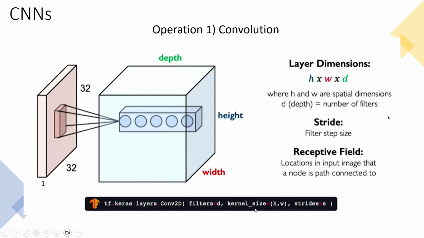Then we define the kernel size, which is the kernel we use for the convolution operation. This convolution operation carries this one-dimensional layer into this d dimension. Let's say we have 32 layers here and one layer here. We will apply a series of convolution operations in order to create these 32 layers from this one layer.